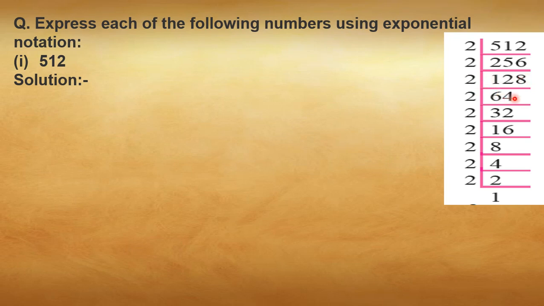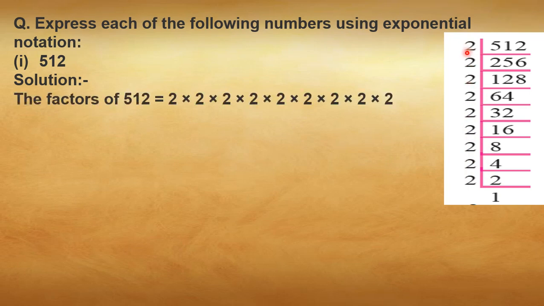128 divided by 2 gives 64. Again it is divisible by 2, giving 32. 32 divided by 2 gives 16, 16 divided by 2 gives 8, 8 divided by 2 gives 4, 4 divided by 2 gives 2, and 2 divided by 2 is 1. In this prime factorization, how many times is 2 there? 1, 2, 3, 4, 5, 6, 7, 8, 9.